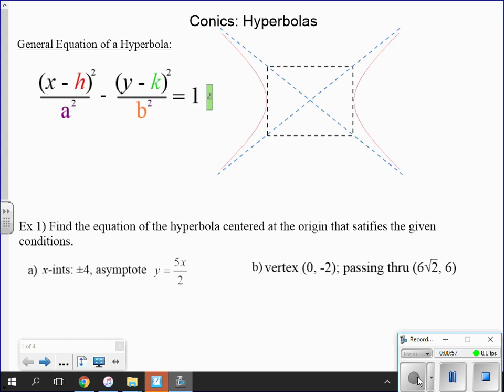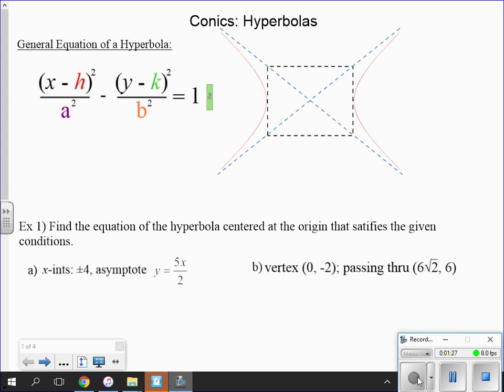So x minus h squared over a squared minus y minus k squared over b squared is equal to 1. Still equal to 1, but notice it is a subtraction instead of addition. That's what separates the equation for an ellipse from the equation for a hyperbola. It is minus for a hyperbola.